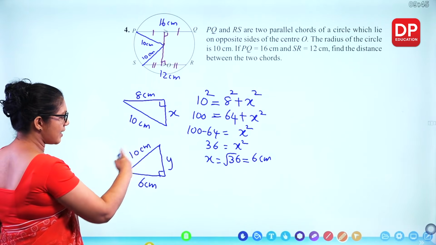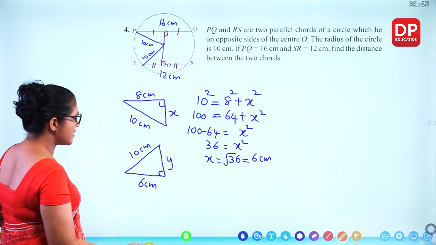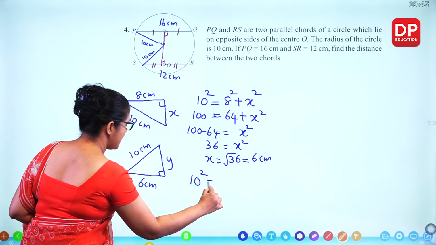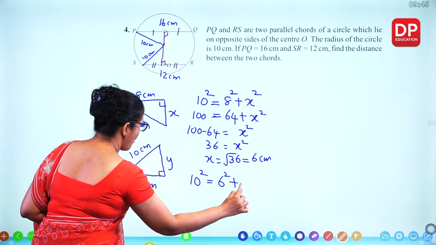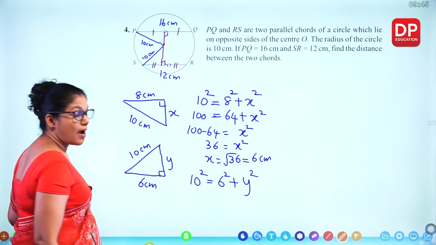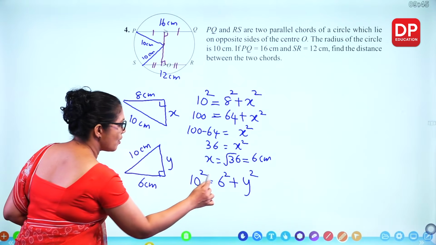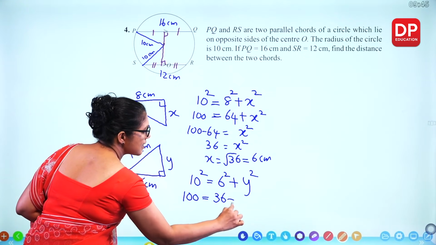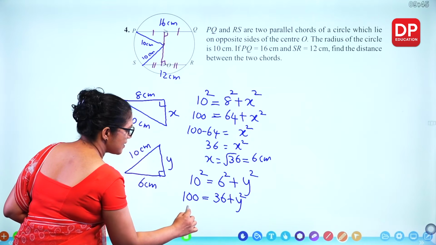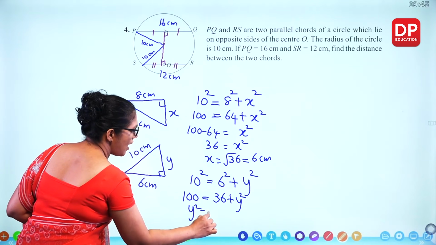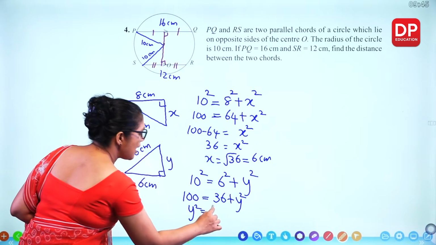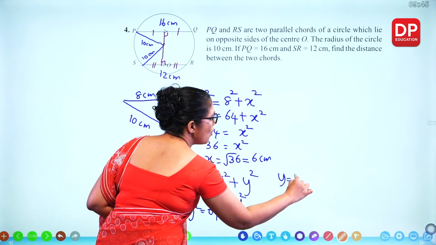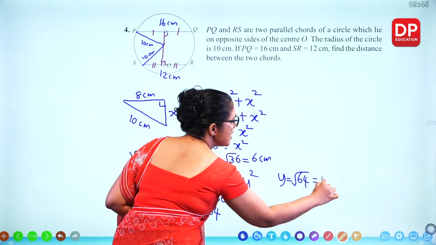What about this triangle? Using Pythagoras theorem, hypotenuse squared is equal to the sum of the squares of the other two lengths. So 10 squared is 100, 6 squared is 36. When you subtract, y squared is 100 minus 36, which becomes 64. Square root of 64 is 8 centimeters.